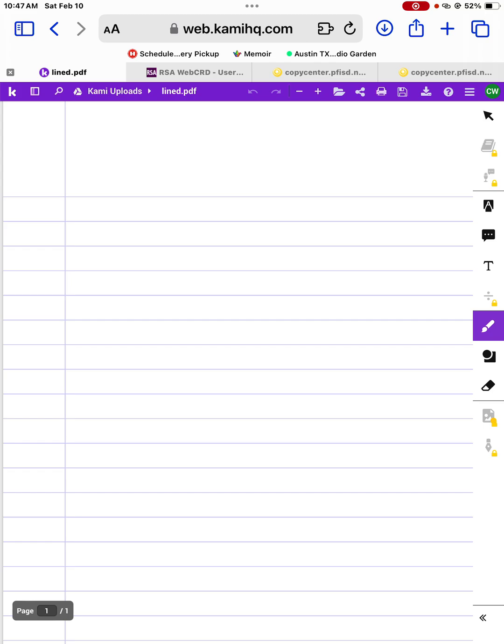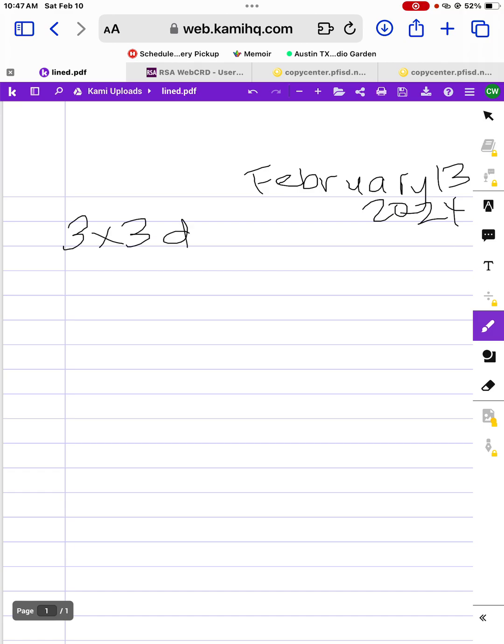So we are going to write today's date, February 13th, 2024. This is 3 by 3 digit subtraction. Oh, Miss Willis, that is sloppy.